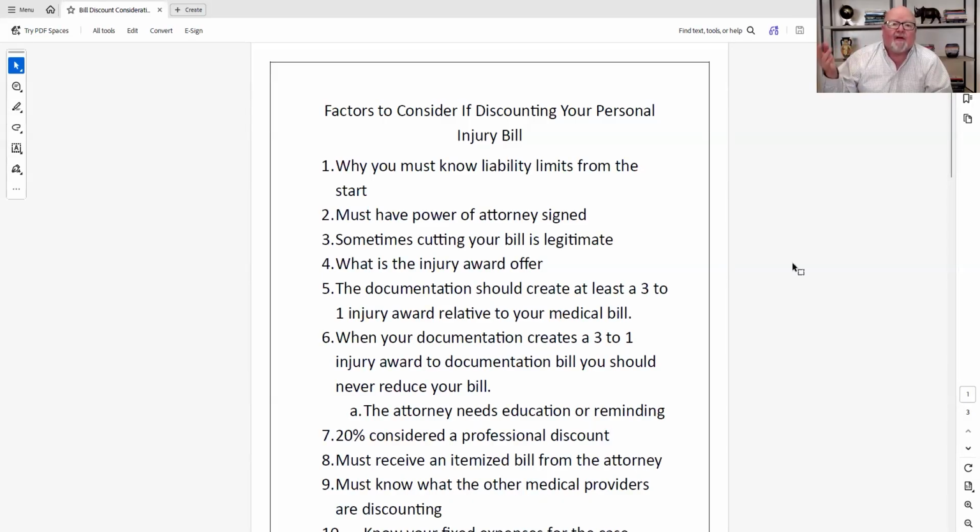Especially in a no fault state, like here in Florida, you've got 10,000. The main thing there is, did your bill exceed the 10,000, or with medicals, was a certain percent of it already taken? Like, say they went to the hospital. Well, now all this becomes real important.